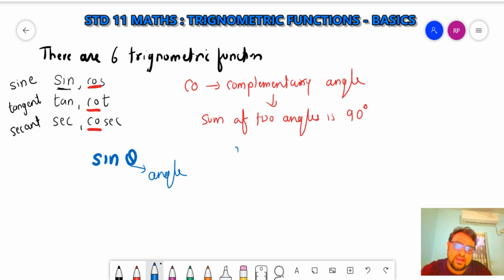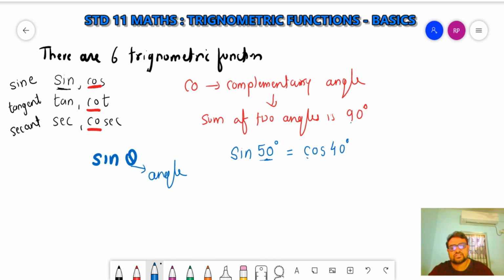So if I write sin 50 degrees, then what is the complementary of 50? 50 plus what will be equal to 90? 40. So sin 50 degrees will be equal to cos 40 degrees.